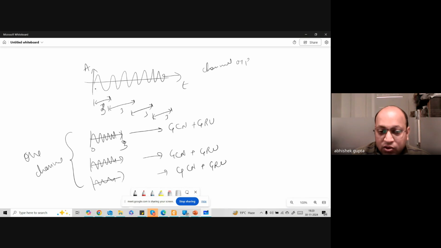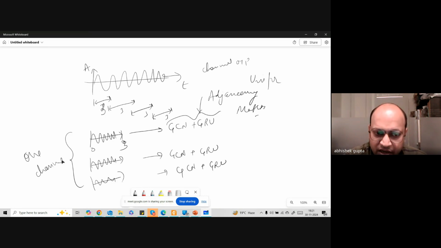All right. To process GCN and GRU, these need an input. That input is the adjacency matrix. And the contribution of this paper is to create a uniform adjacency matrix, which can be input to every channel and every slice. So how are they doing this?